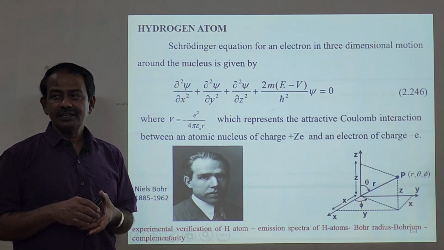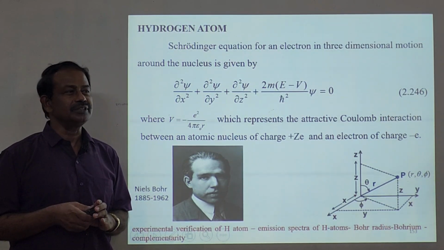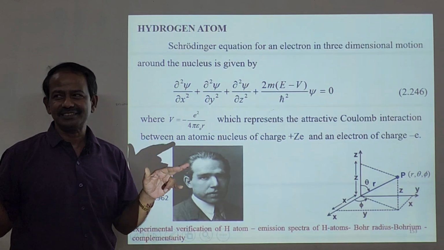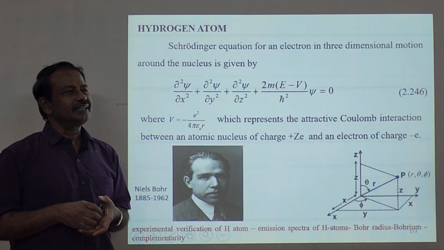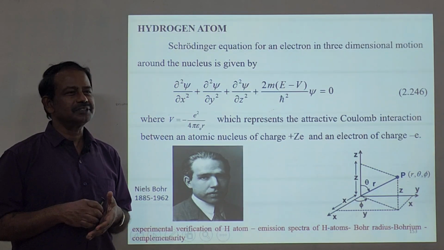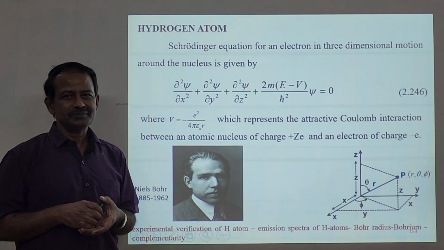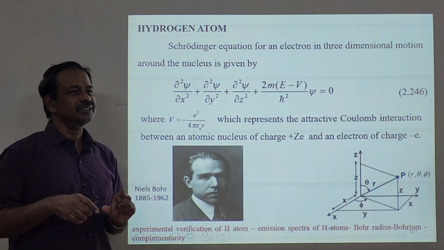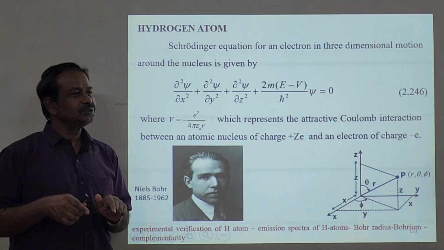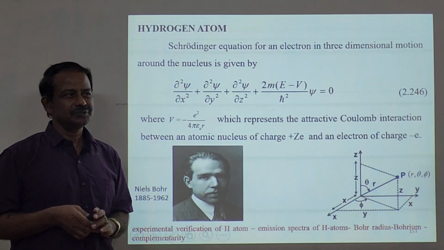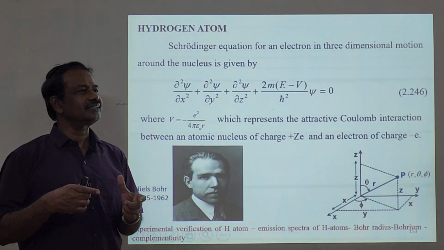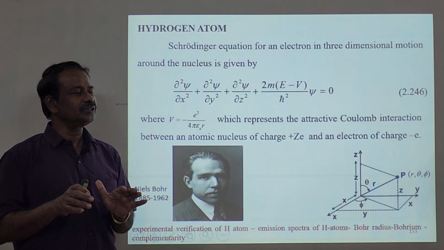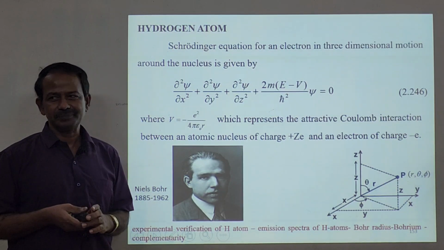Then after that, on invitation, he went to the UK and he met J.J. Thomson, the famous J.J. Thomson, and worked under him. It was very hard to work under him, as J.J. Thomson was so strict. Also, Bohr pointed out some mistakes in the book written by J.J. Thomson. So the two did not form a very good opinion of each other. They had a lot of difference of opinion.